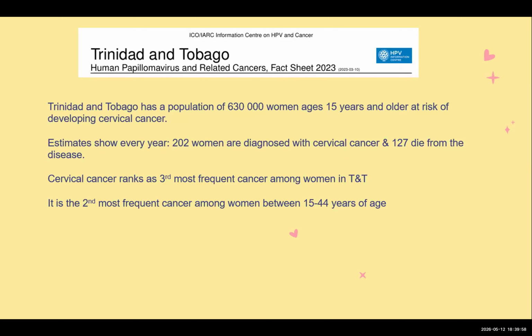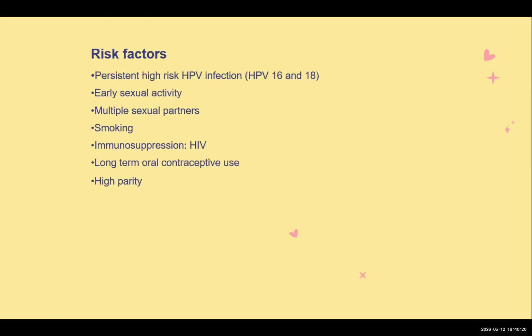Estimates show that every year, approximately 202 women are diagnosed with cervical cancer and 127 die from the disease. So cervical cancer ranks as the 3rd most frequent cancer among women in Trinidad and Tobago. It is the 2nd most frequent cancer among women between ages 15 to 44 years of age.